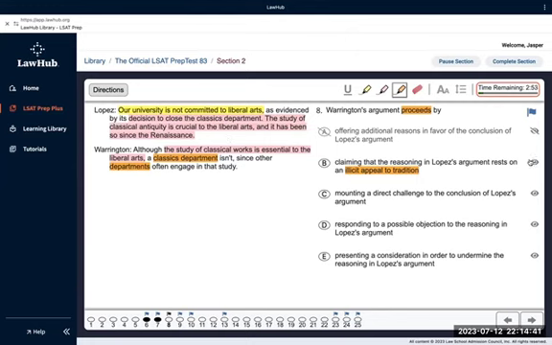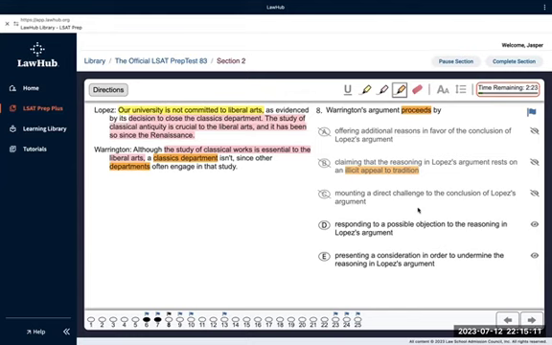Warrington does not respond to that. Mounting a direct challenge to the conclusion of Lopez's argument? No, actually. So the conclusion of Lopez's argument is our university is not committed to liberal arts. But Warrington really goes for a distinction, making a distinction within the evidence, and doesn't directly challenge the conclusion.